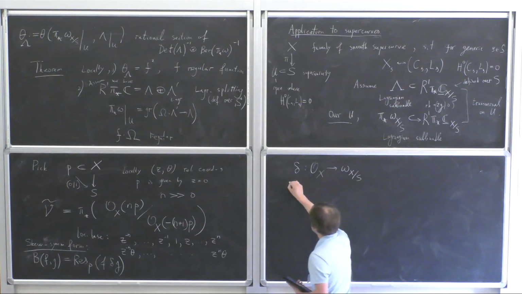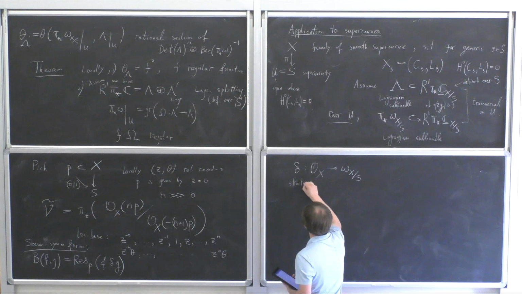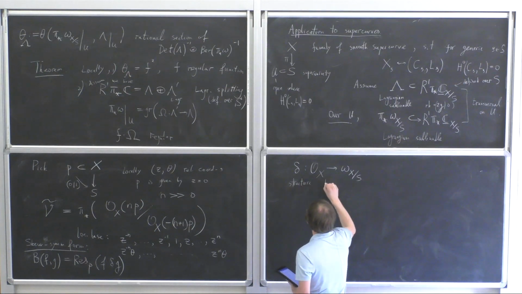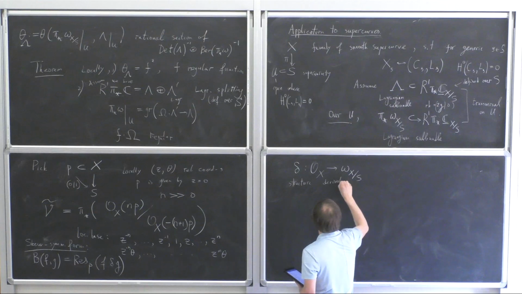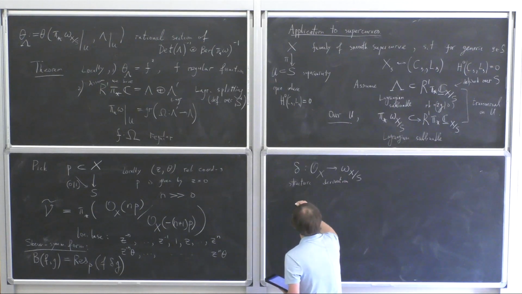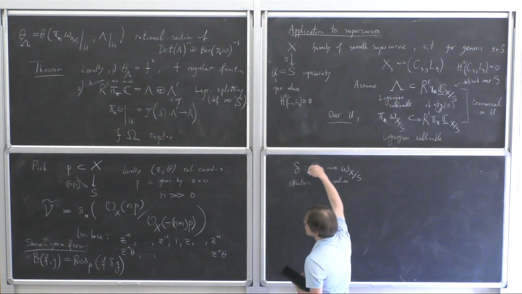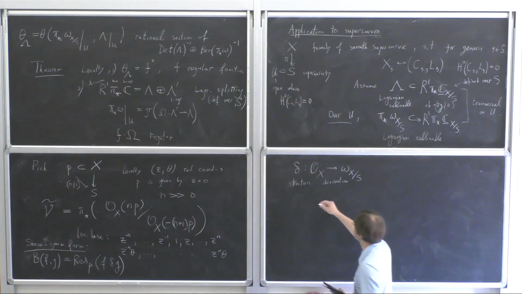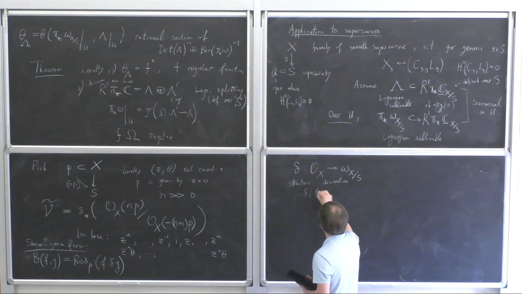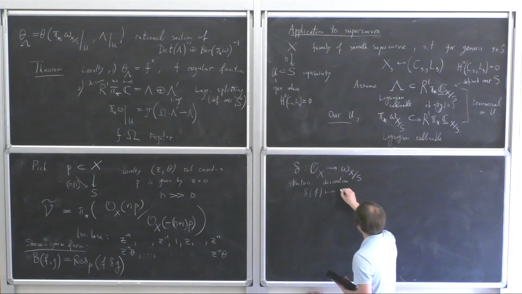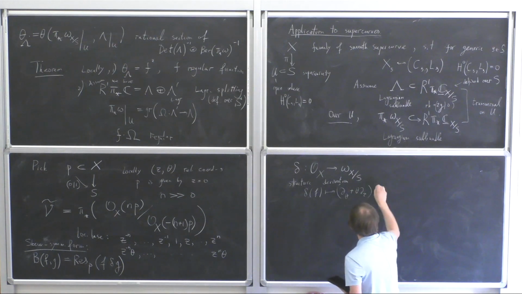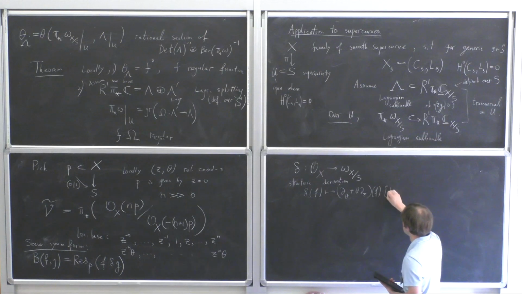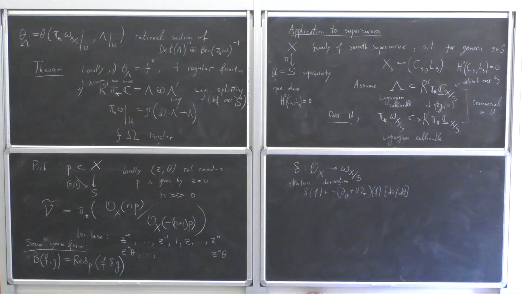This is a structure derivation, which, in relative coordinates, vanishes on functions pulled back from S. And in these local coordinates, it's d theta plus theta dz applied to F times the basis of the Berezinian.